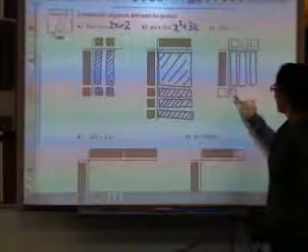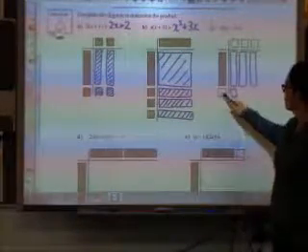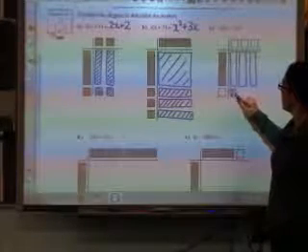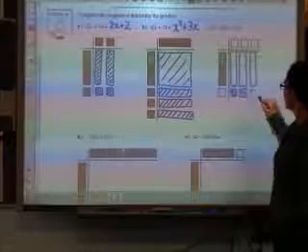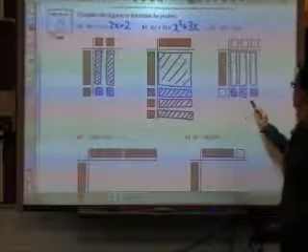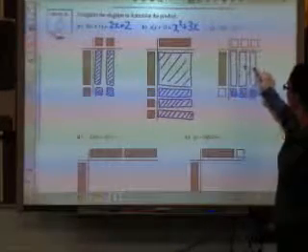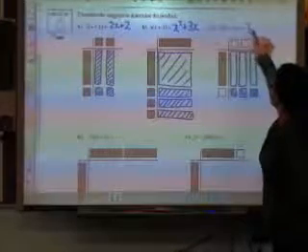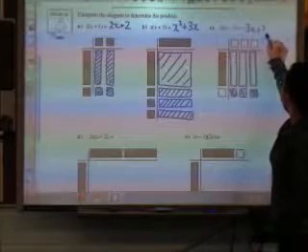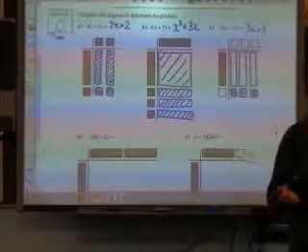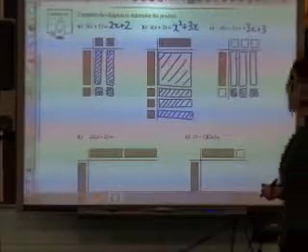Length and width, I end up with a square, but the 2 negatives make a positive. So in the end, I end up with 3 rods, which would be a negative 3x, and 3 positive 1s, so I'd end up with a positive 3.